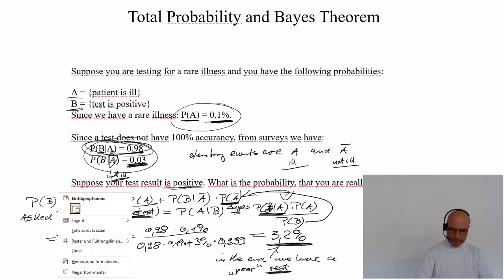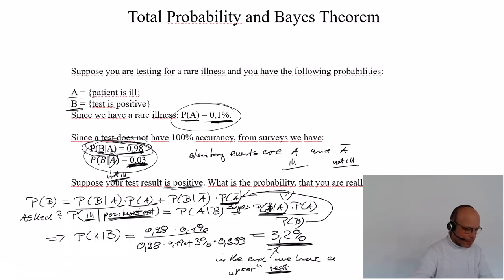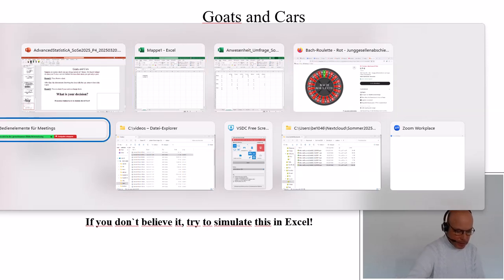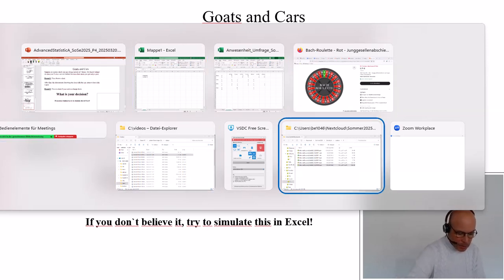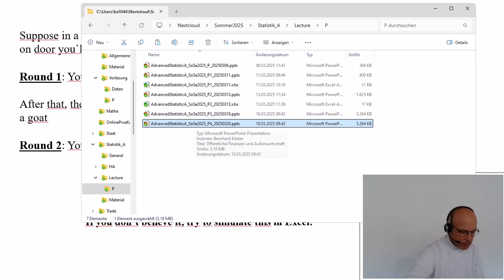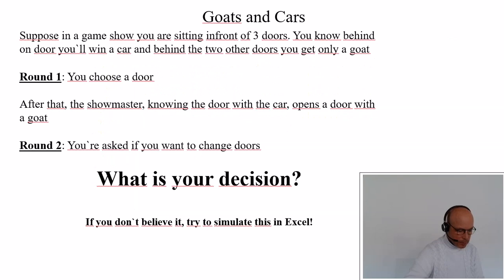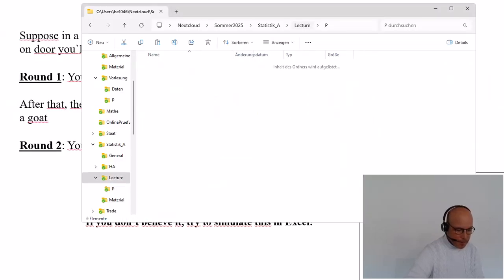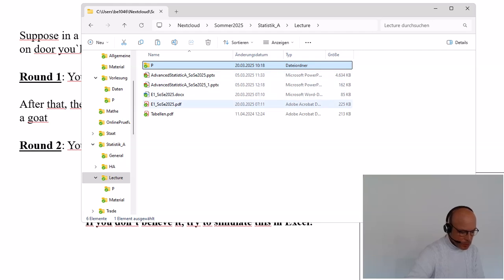Okay, then let's go on with the theory. I think this one we skip. Maybe we do it next week. Then let's use the next one. Oh, this is the wrong one. Sorry. Now I have to use true.